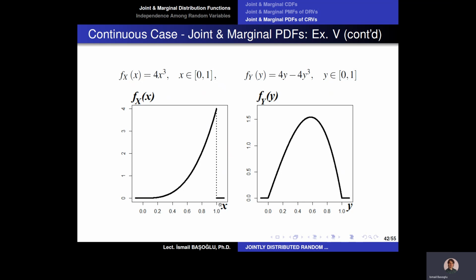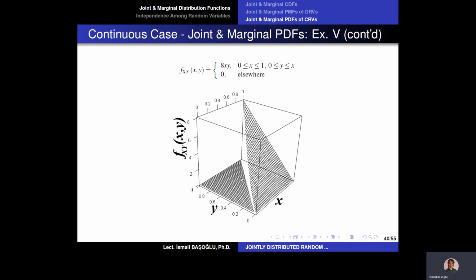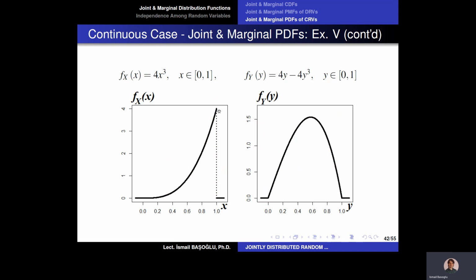Now you see what we are doing basically in calculating the marginal PDFs. For random variable x, we are squeezing the joint PDF over the y variable, from this direction to this direction. We are toasting the three-dimensional function into 2 dimensions. And in that squeeze, what you are going to get will be this.